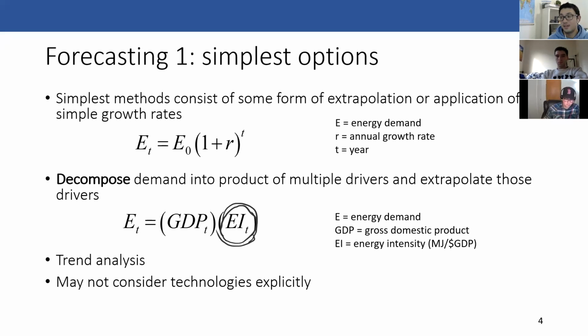So as you transition from gas cars to electric cars, or from fossil fuel generators to renewables, you could capture that by figuring out how that changes your energy intensity, your energy consumption per dollar of GDP.